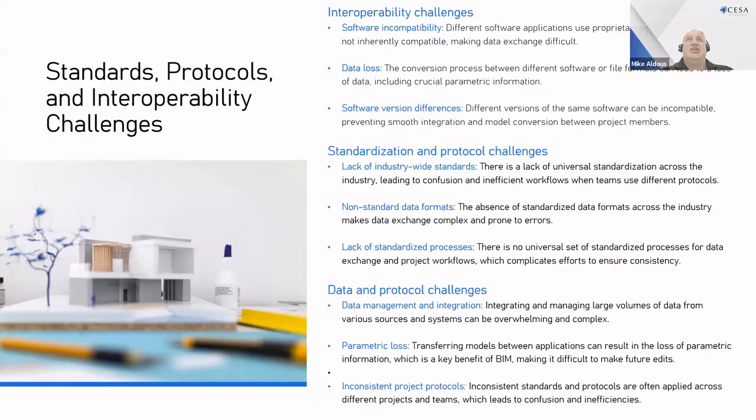And then data loss. So data loss is something that has come up more and more, particularly from a security point of view. So the conversion process between different software file formats can lead to a loss of data, and that's critical around the parametric information. But one of the other aspects really is around the security of that data.